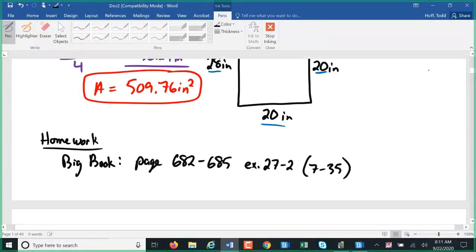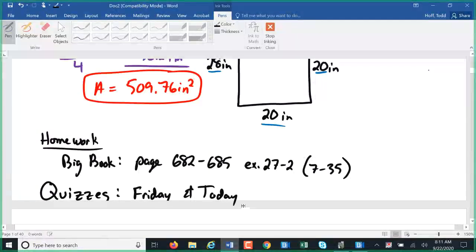Find those missing areas, find the areas, find missing dimensions and all that. Also remember there are 2 quizzes out there. There's the quiz from Friday and then the one from today that need to be completed.